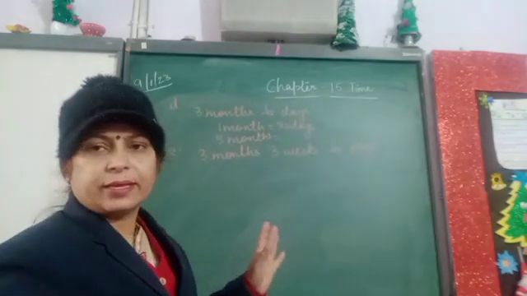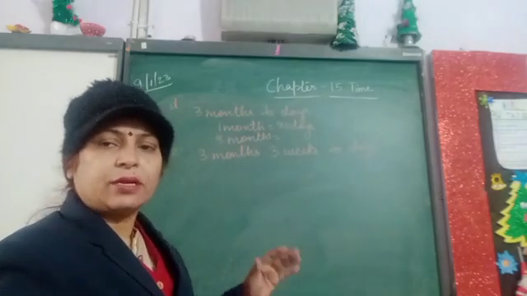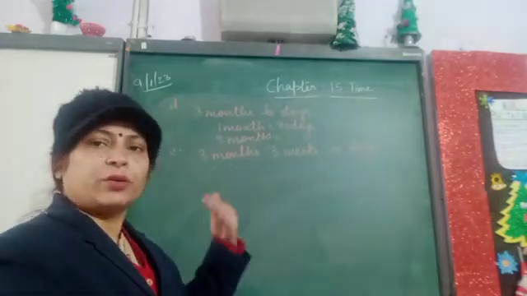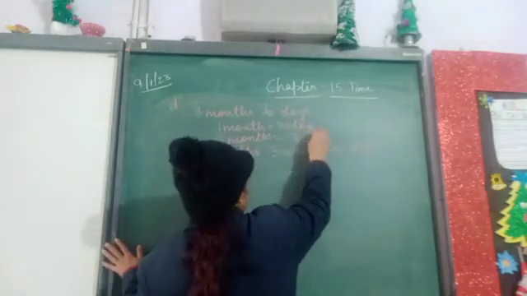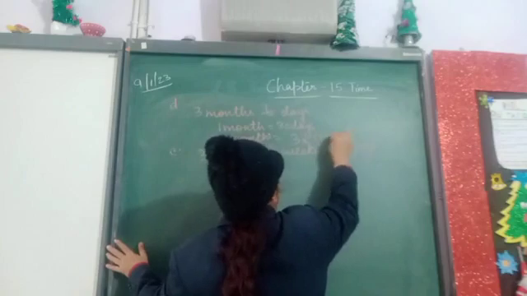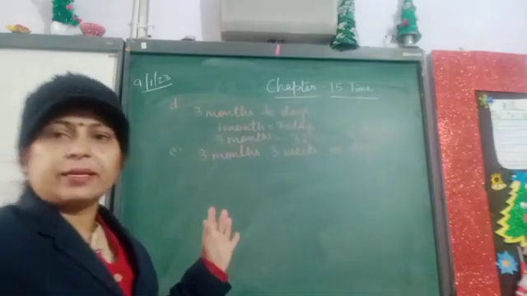Whenever you are changing from a bigger unit to a smaller, you will multiply. Otherwise, if you are changing from a smaller to a bigger unit, you will divide by that number. So 3 into 30, 3 threes are 9 and this 0, 90 days. So 3 months has 90 days.